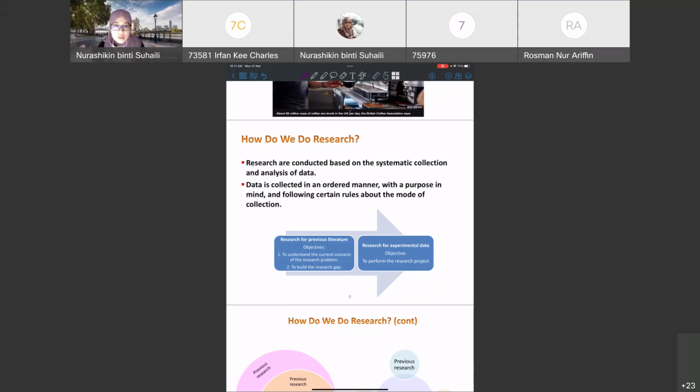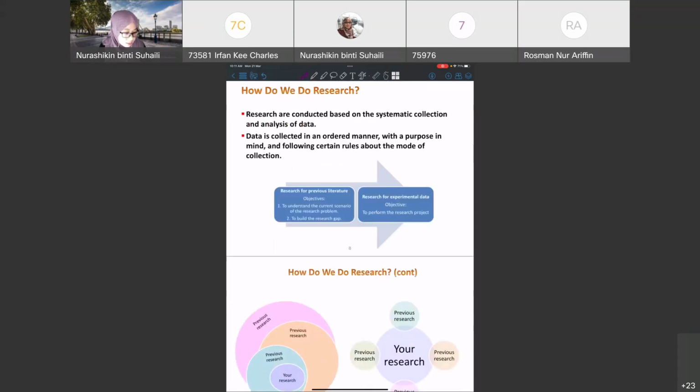That shows that you are doing it in a systematic way. It's not that you collect the data at 1 minute and after that 1 hour and then after that 2 hours. That's not systematic. So in the lab we really have to practice systematic ways of collecting the data.